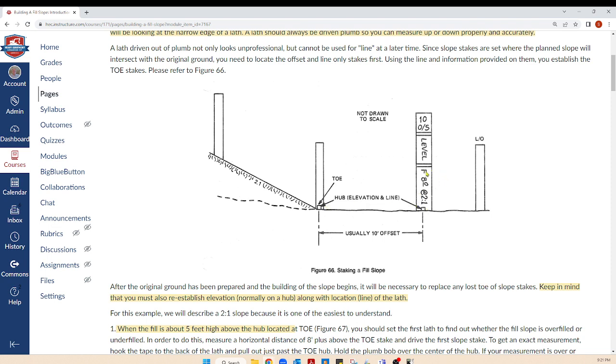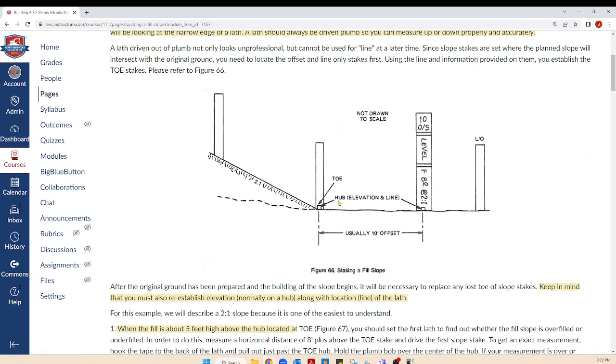And then it says fill 8 at 2 to 1. Now this is a good time to kind of throw in, I keep talking about this multiple of 4 thing. We want a vertical dimension from here up and over to the next hub at this stake, 4 feet. Now, in this case, 8 is a multiple of 4, so that's a no-brainer. We don't have to make the rest of them 4.